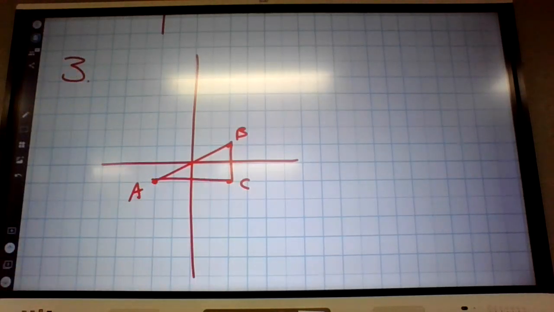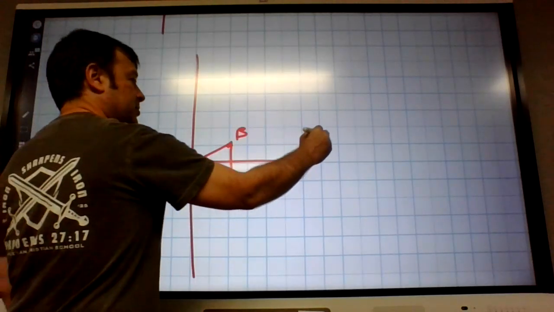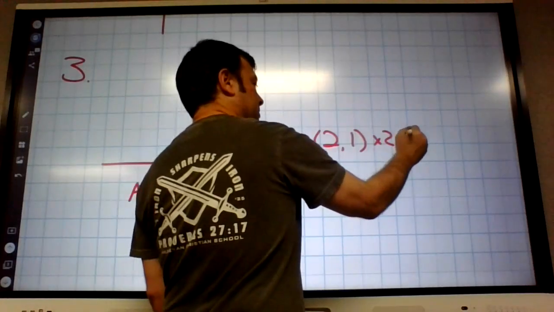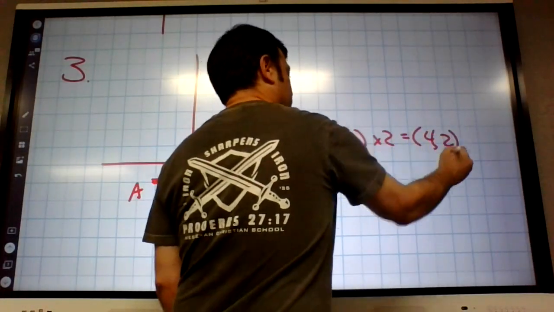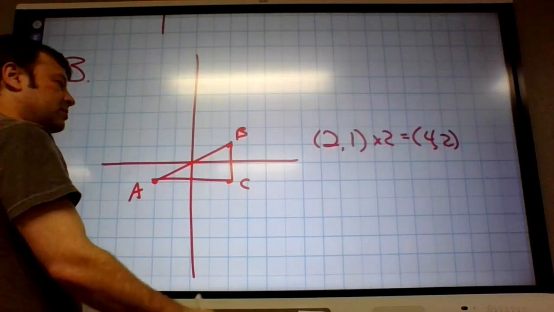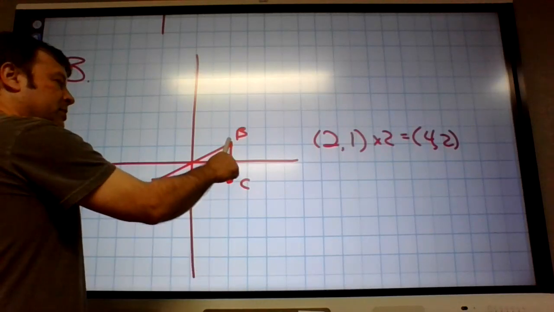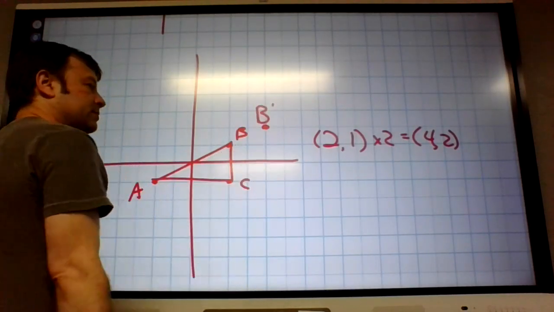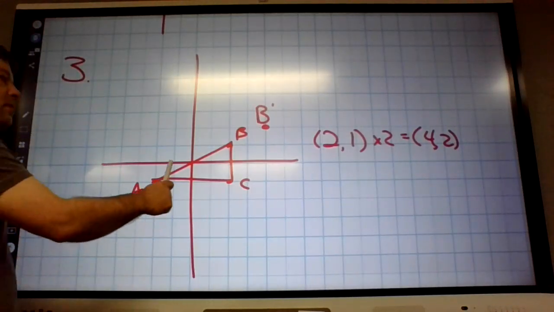Okay, times 2 again. So B is at 2, 1. So if the dilation is 2, it's going to become 4, 2. It's double both. B is at 2, 1. So B prime is going to be at 4, 2.